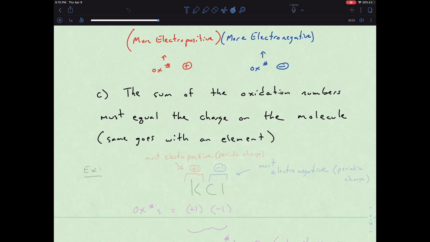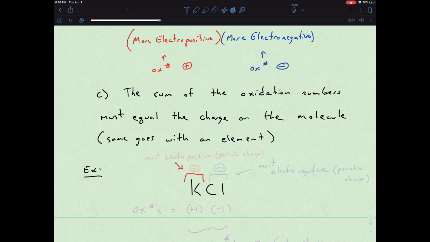So if we look at, let's say, some examples of these simple binary compounds, such as potassium chloride. If we look at potassium chloride, we have that beginning part to this, right? Here is our first element.